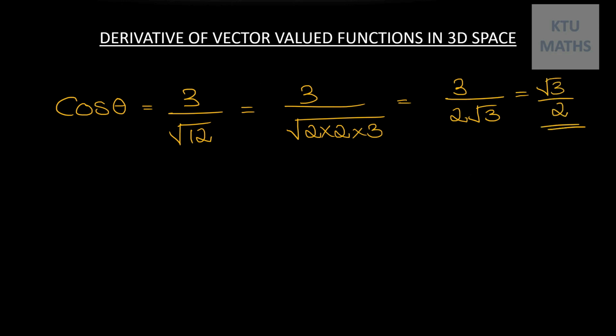Then theta can be found by taking the inverse of cos. Cos inverse of root 3 by 2 would be 60 degrees, that is pi by 6 radian.